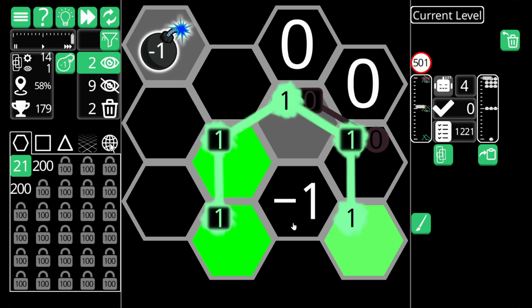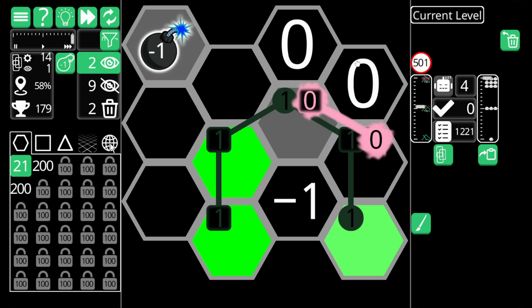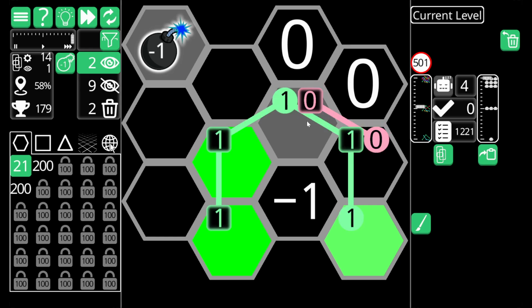So it's true that cells can be marked as negative, and that causes an ordinary clue to produce a region that's partially negative and partially positive.